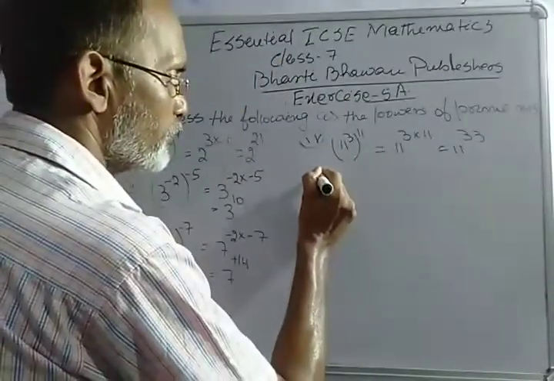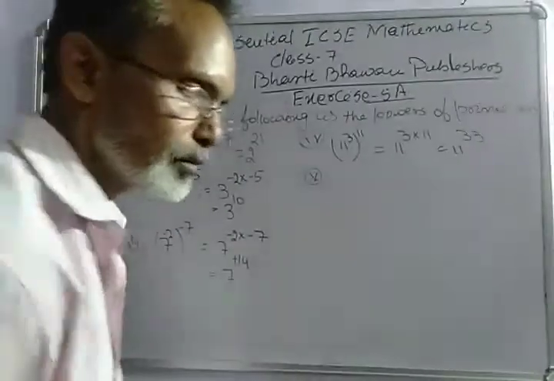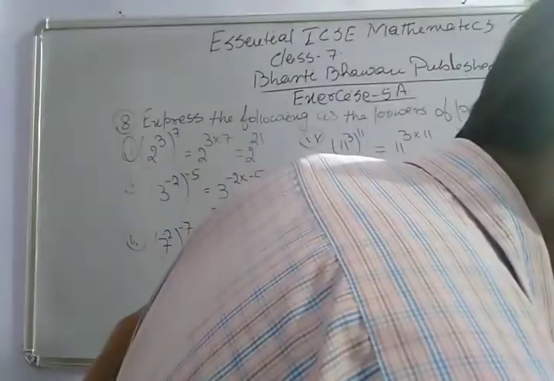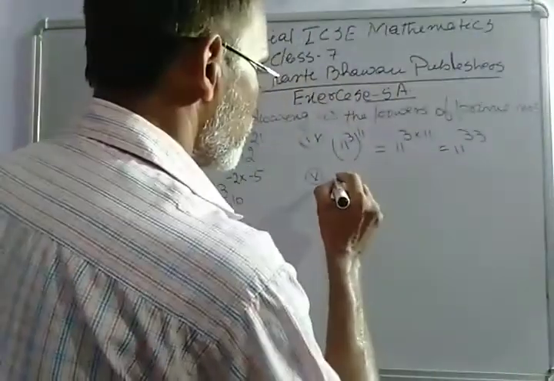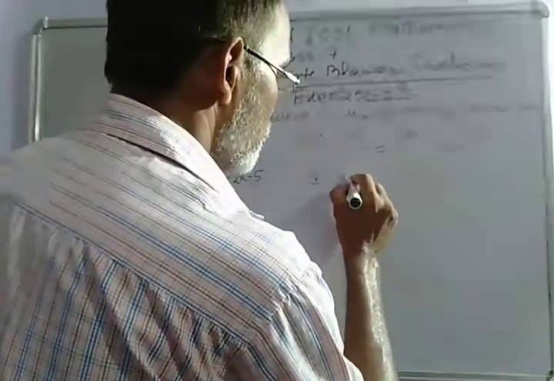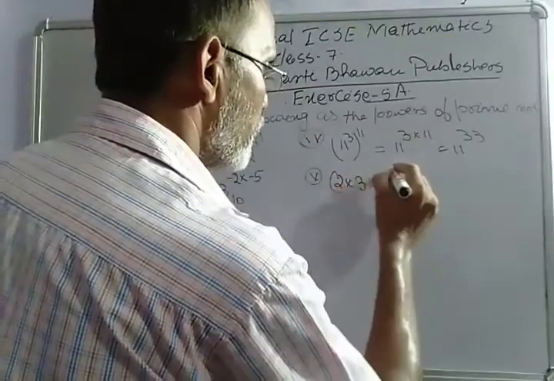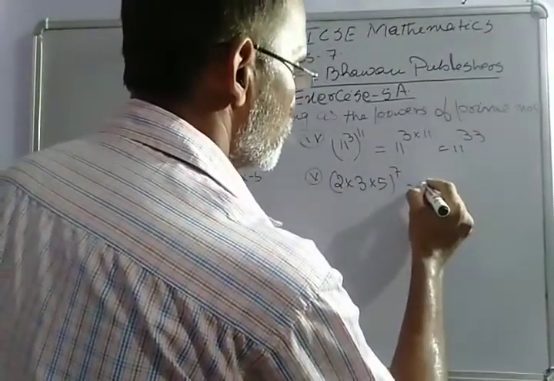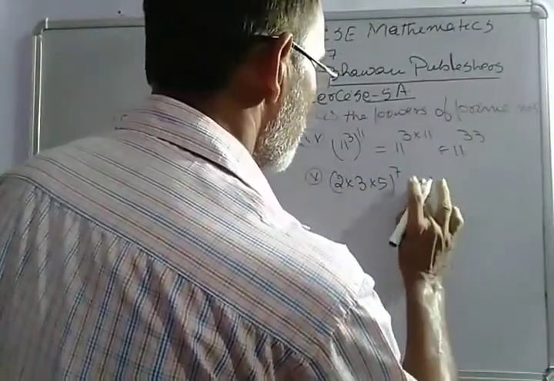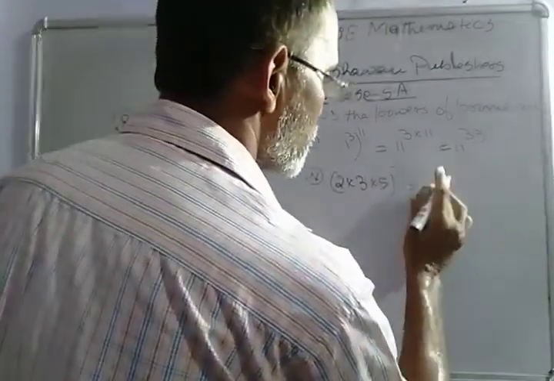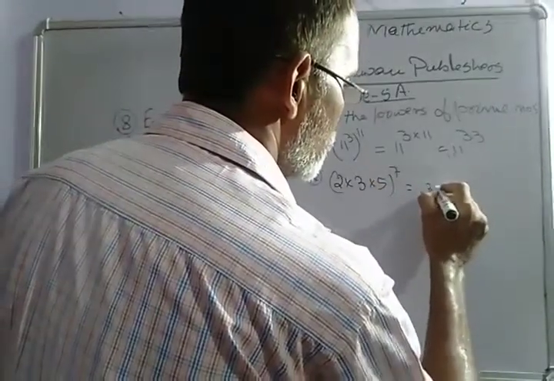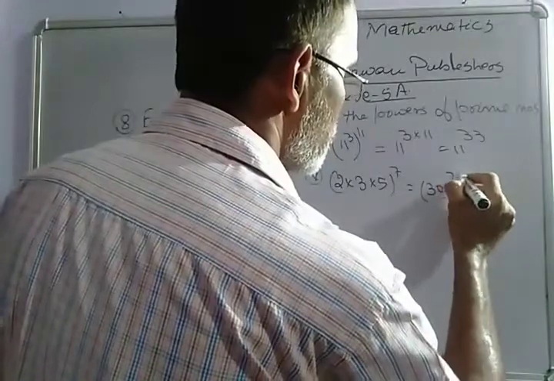Then number 5: 2 to the power 2 into 3 into 5, whole to the power 7. So this is equal to 30 to the power 7. This is the answer.